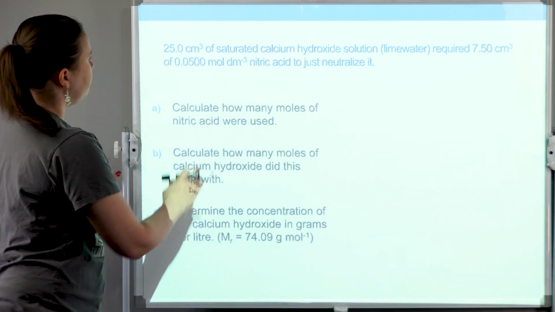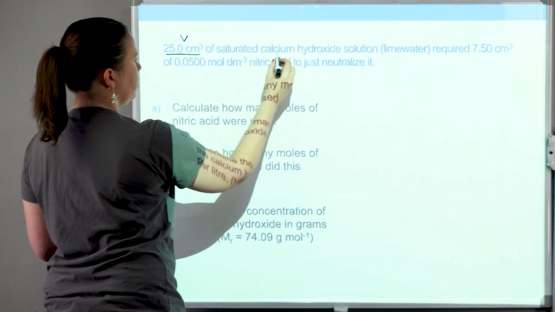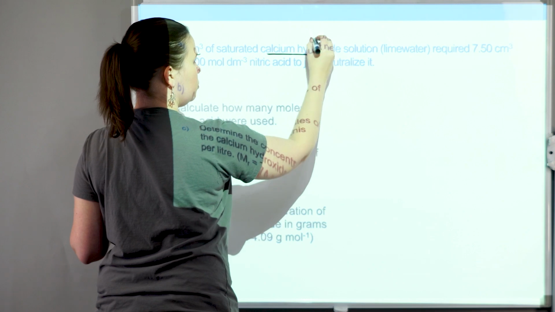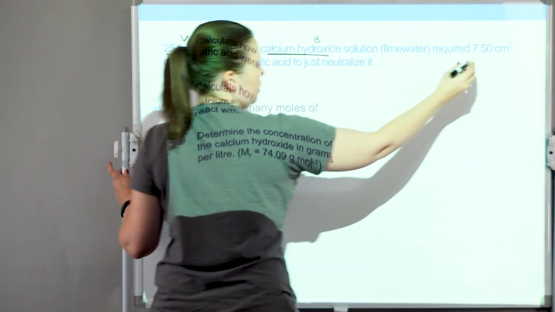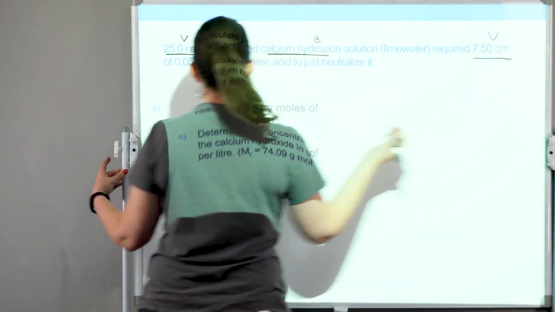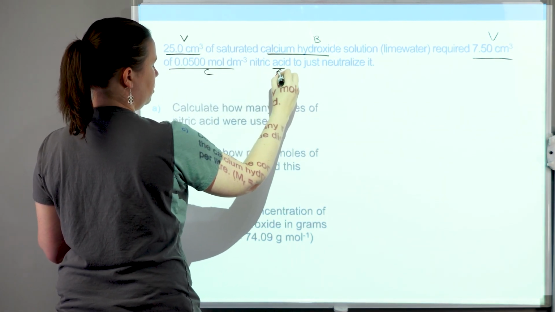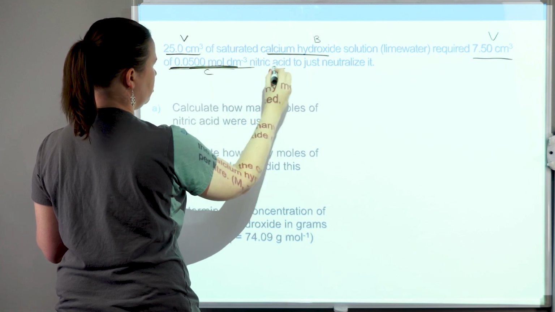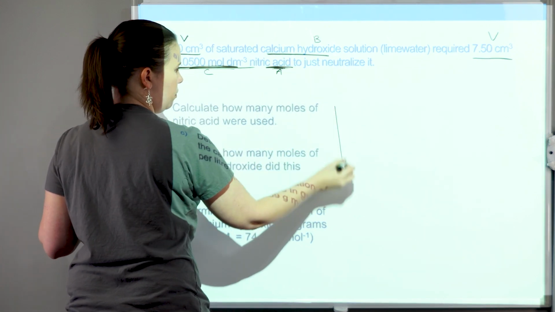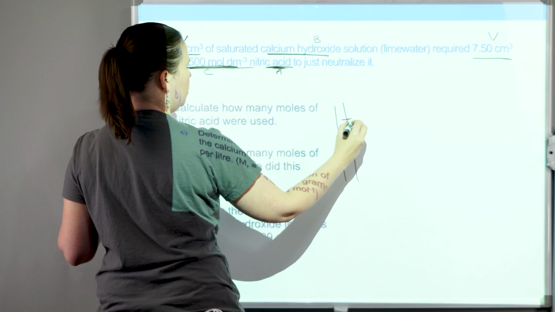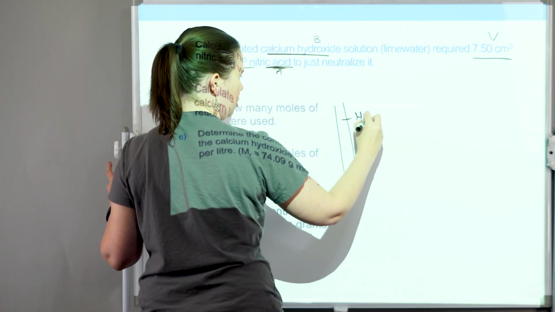This time I've got a volume given of calcium hydroxide, which is my base, and then giving me another volume and a concentration of my acid. So because it gave the concentration of the acid, I know that's what's in the burette, the nitric acid, HNO3.